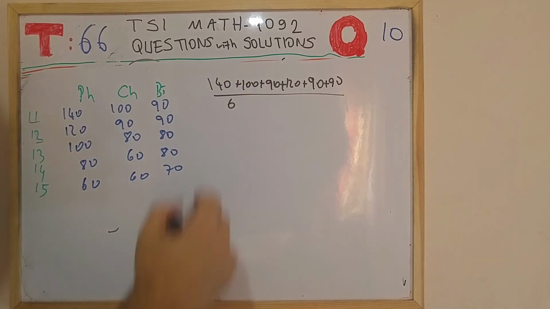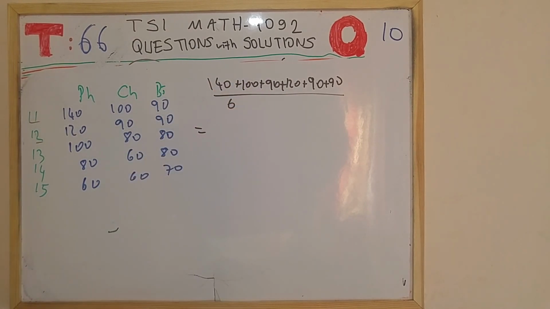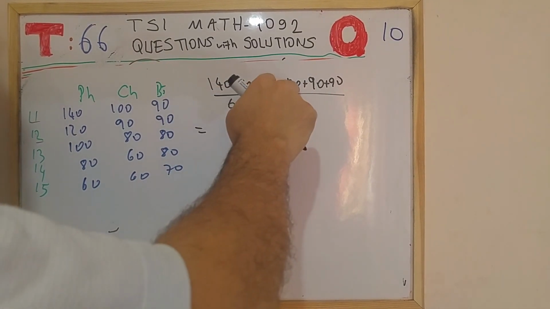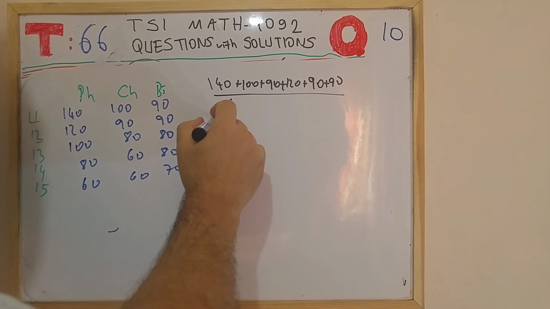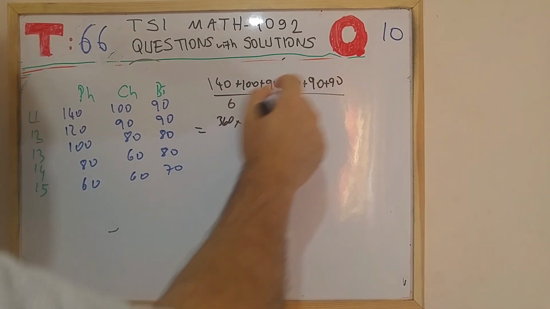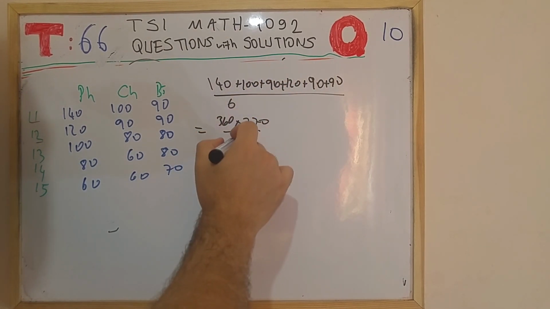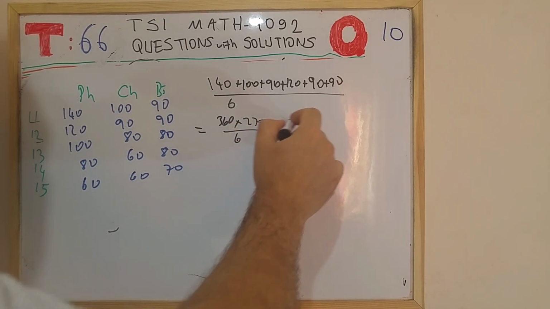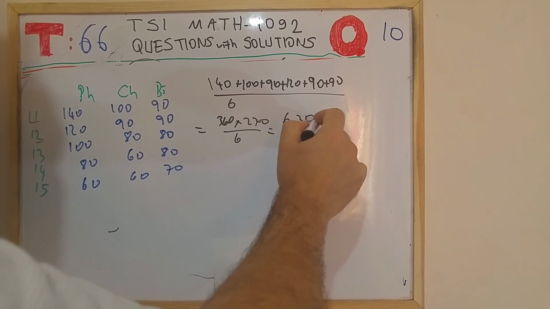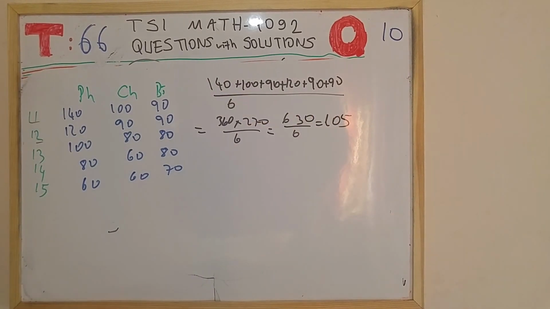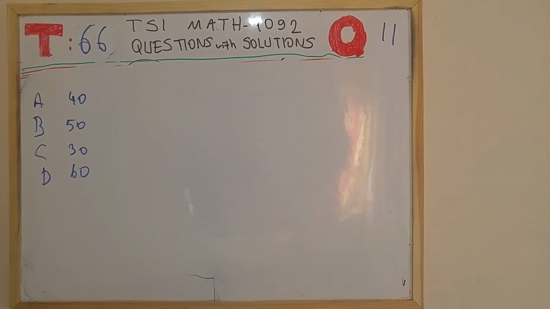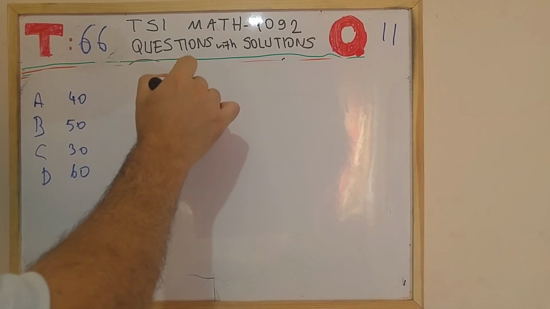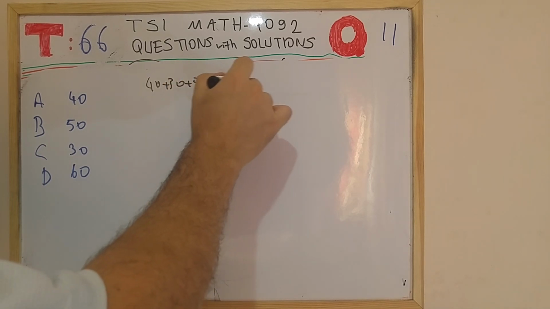So this is equal to 260, 360 plus 270 divided by 6, and this is equal to 630 over 6, which is equal to 105.